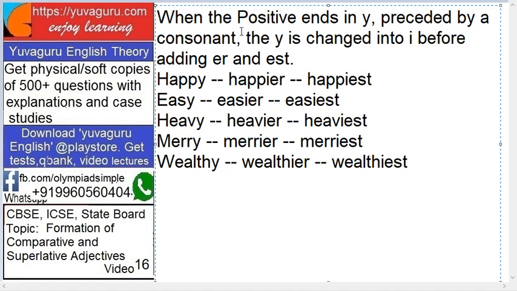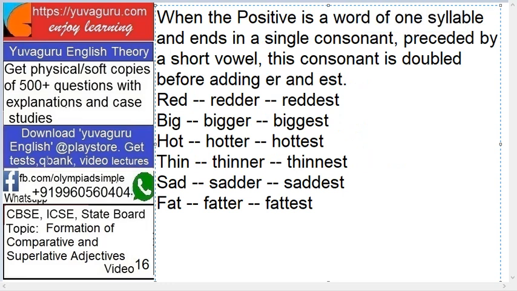So when this happens, then Y is changed to I before ER and EST. Means Y will be changed to I and then add ER and EST. So positive, comparative, superlative. Happy, happier, happiest, I. Easy, easier, easiest, I. Similarly, heavy, heavier, heaviest. Merry, merrier, merriest. Wealthy, wealthier, wealthiest.